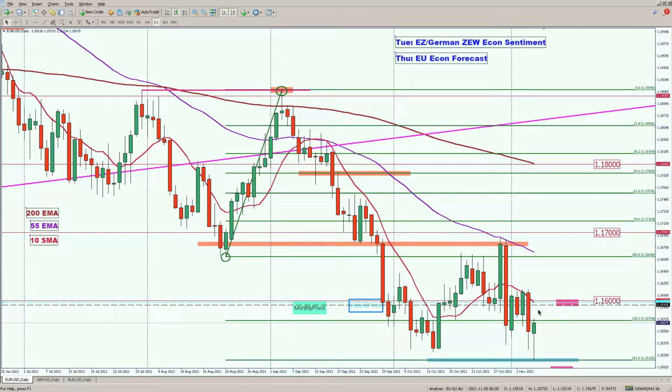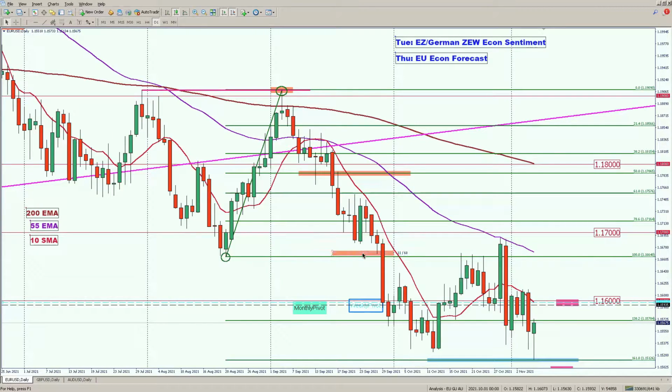Okay, if it does climb back up through the 116, then it will face resistance back at the 100 fib swing low at the 116.64. So apart from this zone here, I think we can remove this level here now.